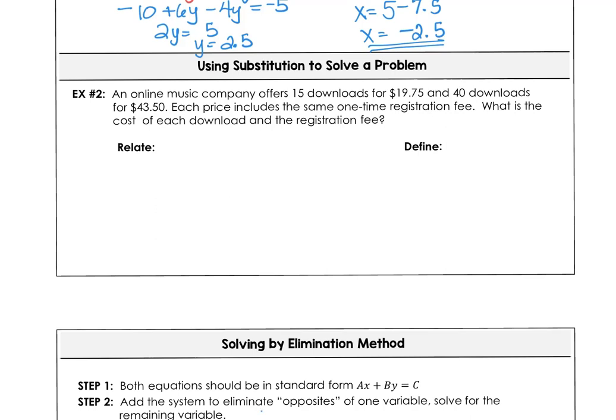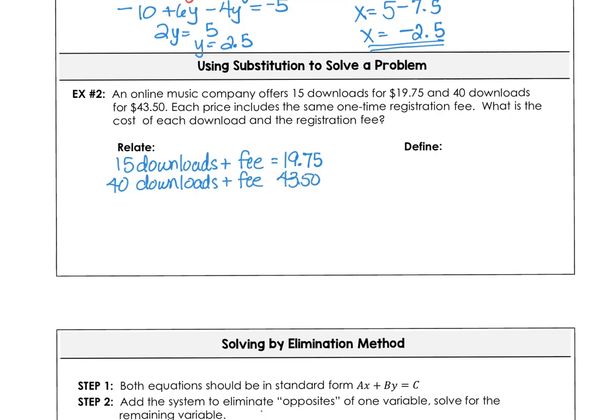So if we relate that, we have 15 downloads and some kind of a fee. So 15 downloads plus a fee is going to cost $19.75. Or we could have 40 downloads and the same fee being charged for $43.50.